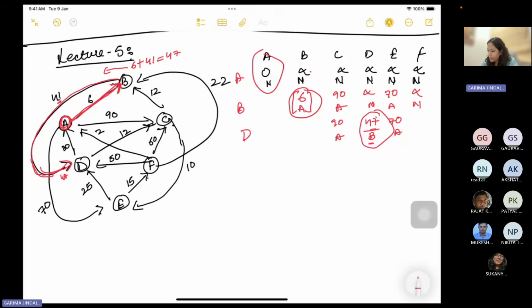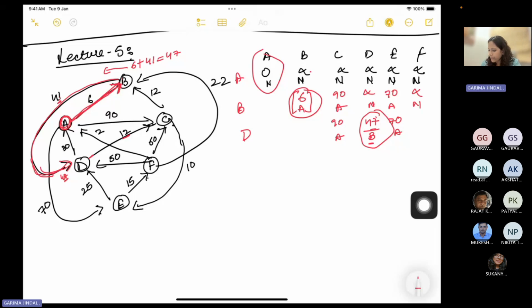We can see that there is only one outgoing edge, and this is to C. In order to reach C, I have to add the cost 47 plus 12. Is it clear, or is there any doubt, anyone?